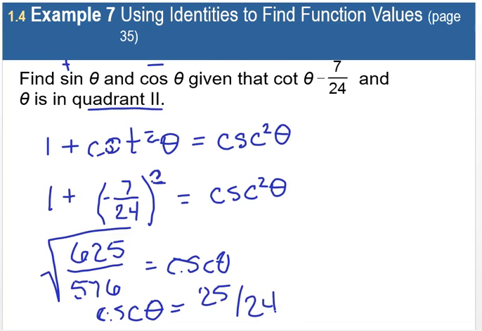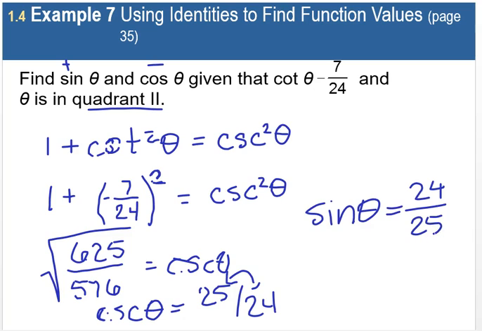So if we have cosecant of theta is equal to 25 over 24, then we should know, remember, reverse that, and that is what sine is equal to. Sine of theta is equal to 24 over 25. There we go. There's one of our answers.